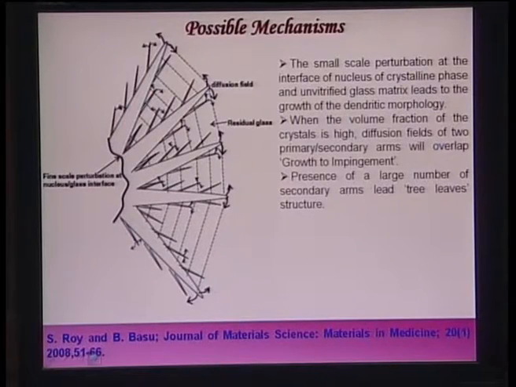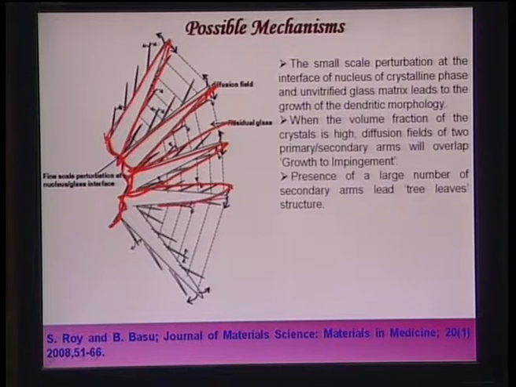Now what is the possible mechanism? The possible mechanism is that when the crystals are nucleated from the amorphous glass matrix, and if there is a fine scale perturbation in the glass matrix, these perturbations will subsequently develop some kind of dendrites, and these dendrites will grow in the glass matrix.